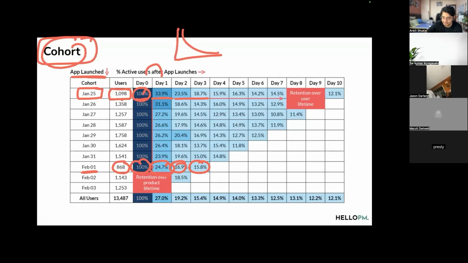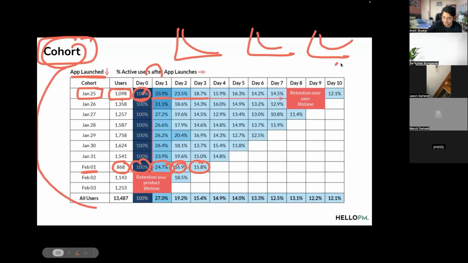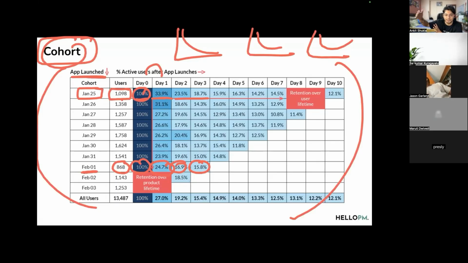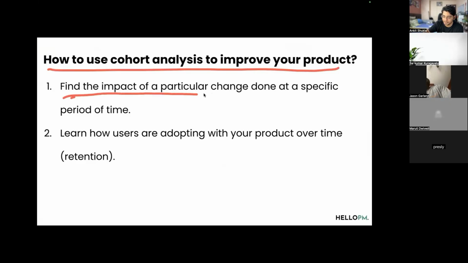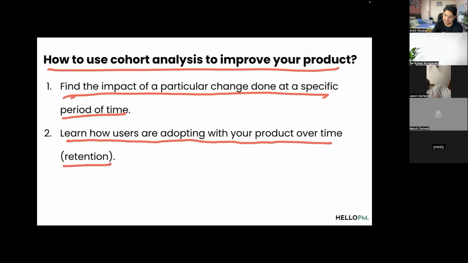One was this diagram, one was this diagram, and one was this diagram. This is the retention. This is cohorts. Okay. And if you are able to measure events, you will find in your tool that yes, this is also possible. Right? So find how to use cohort analysis, find the impact of a particular change done at a specific period of time, and learn how users are adopting your product over time. Retention. Simple.